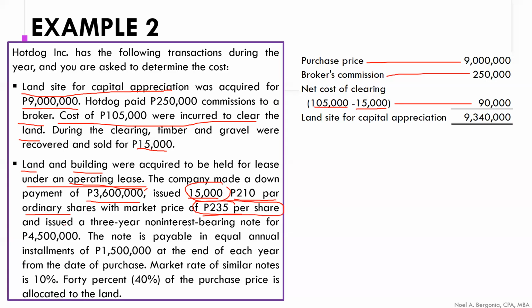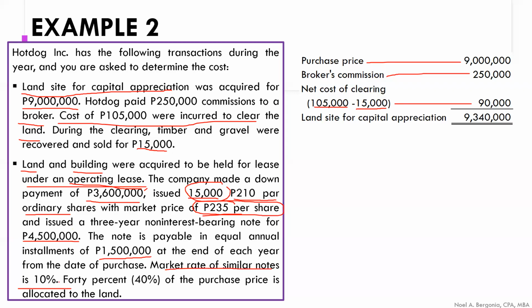Then also, we have issued a 3-year non-interest bearing note for 4,500,000. Then the note is payable in equal annual installments of 1,500,000. So non-interest bearing annual installments. So malamang sa malamang, we need to compute for the present value, and the market rate of interest for similar notes is 10%.